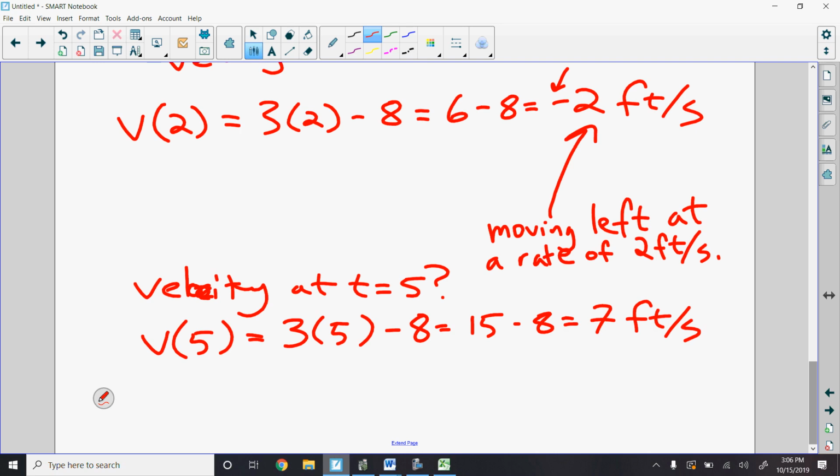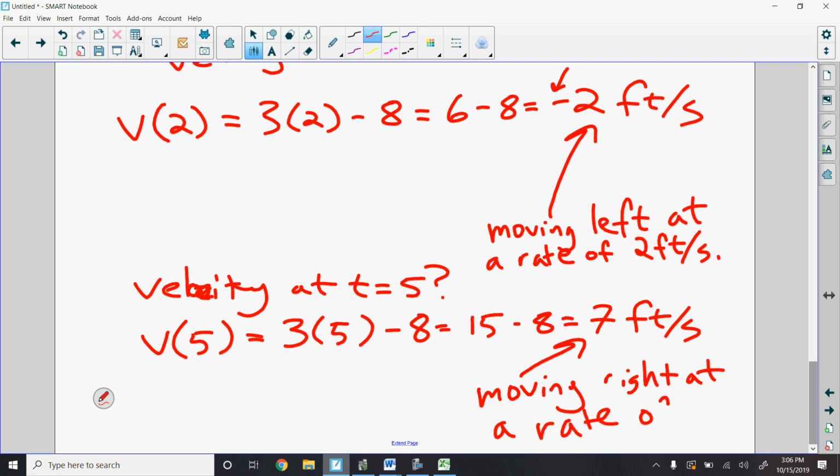What this means is that at t equals 5, see now that my velocity is positive? This right here means now we're moving right at a rate of 7 feet per second. Hopefully you're getting the hang of that. So again, when our velocity is negative, that just indicates a different direction than a positive velocity.